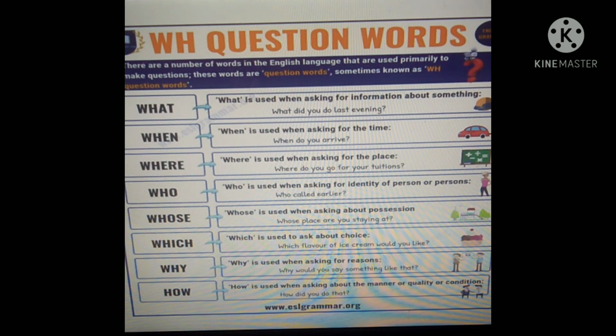Who, whose, whom are always used only for persons. Who is used as subject. What and which are used for persons as well as things. And whom is used as object.